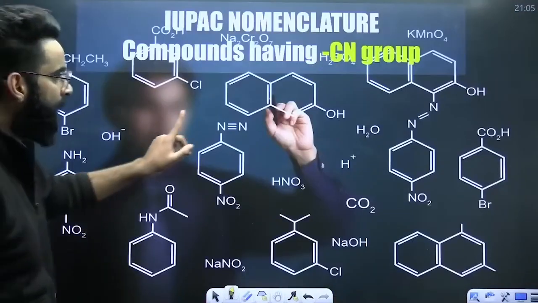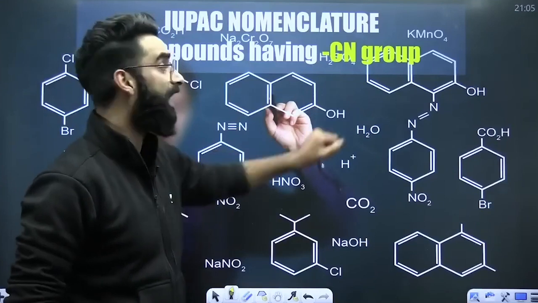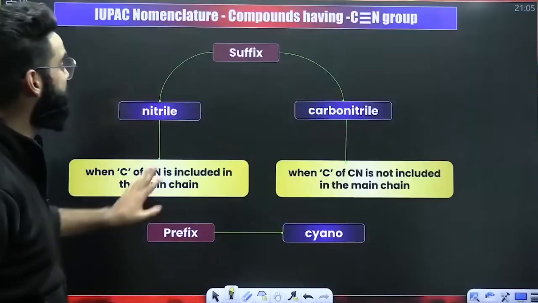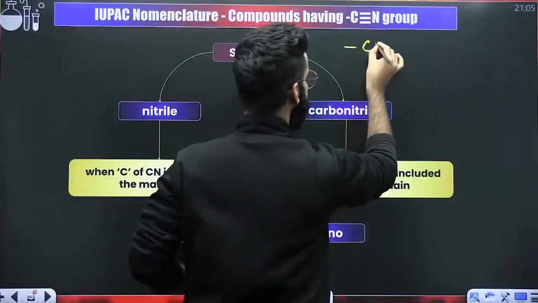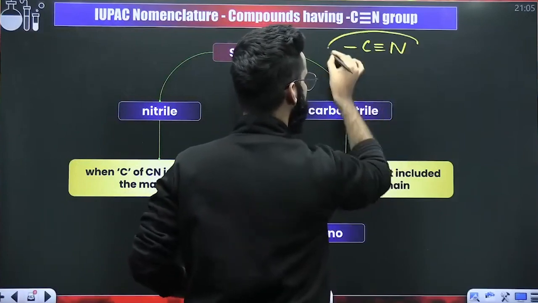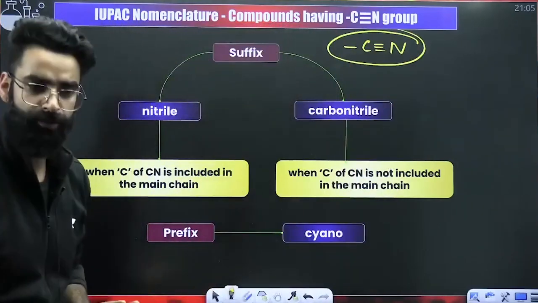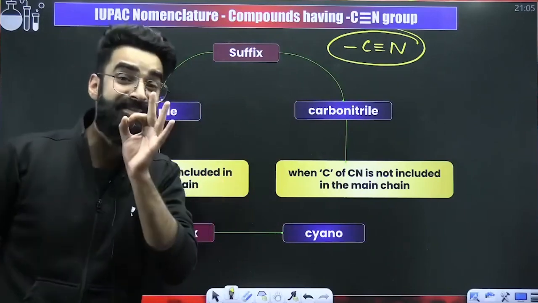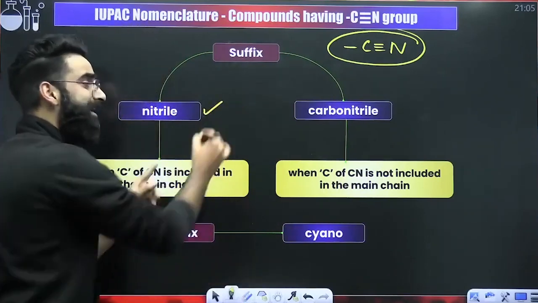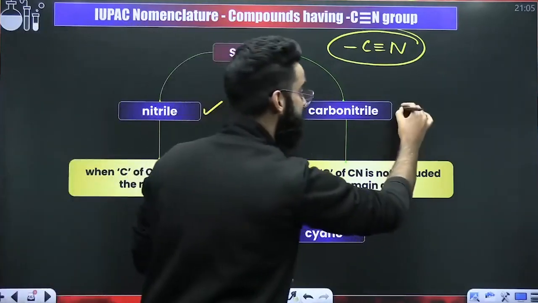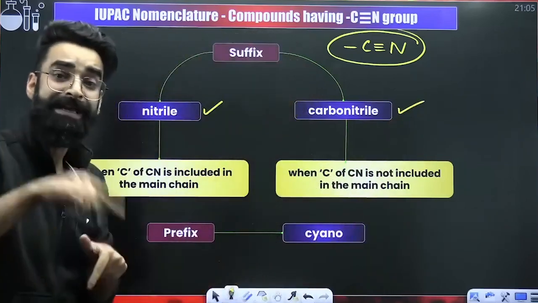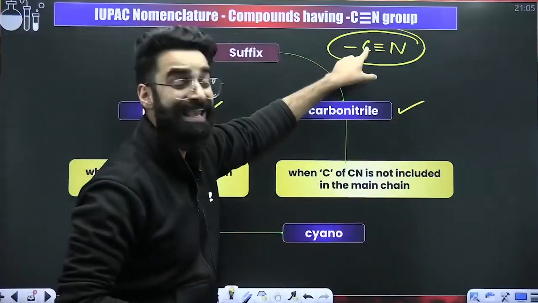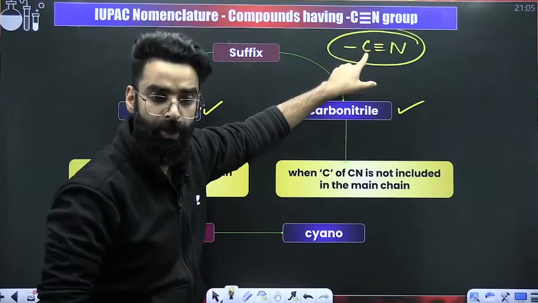Moving ahead. Let's talk about those compounds which have got the cyanide functional group, CN. This is the functional group now, C triple bond N. Here again you have to remember three things. As a suffix, you'll be using either nitrile or carbonitrile, depending on whether the carbon of cyanide group is the part of main chain or not.